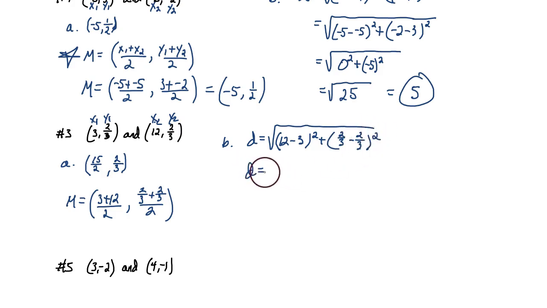Now let's figure out what's in the radical. 12 minus 3 makes 9. 9 squared makes 81. 2/3 minus 2/3 makes 0, and 0 squared is 0. So this is the square root of 81, which is equal to 9 units.